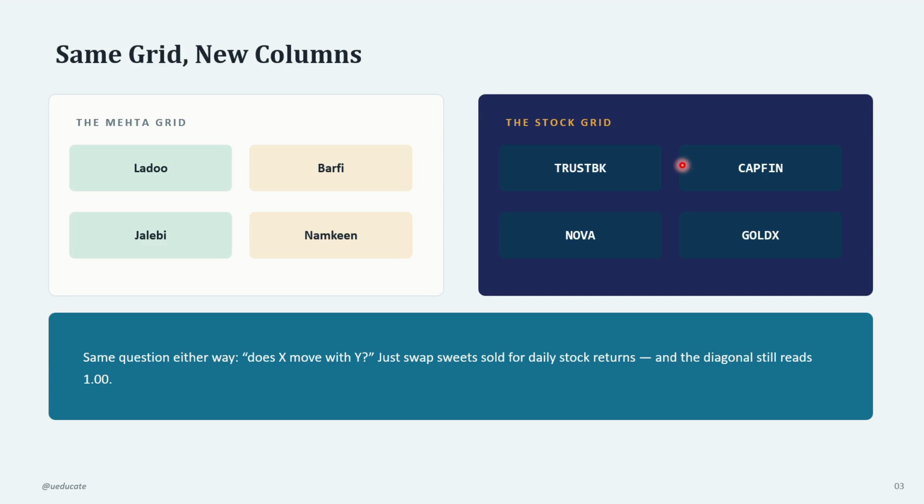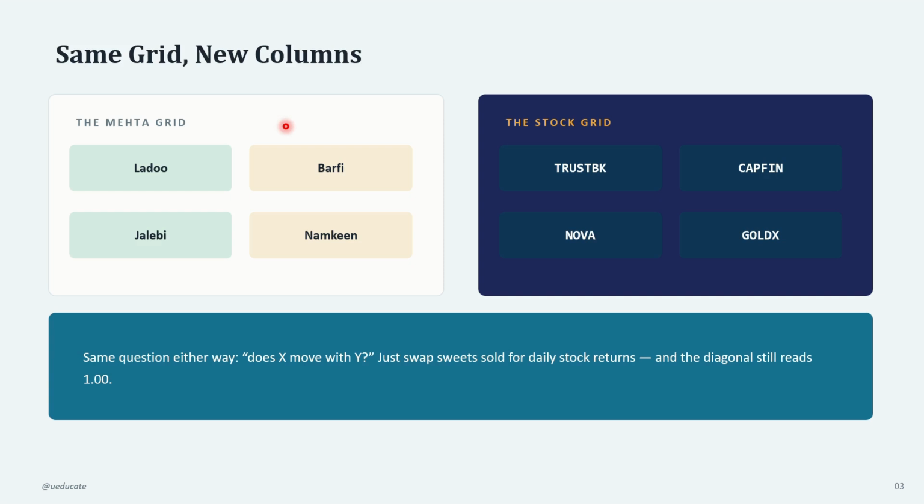We have four fictional stocks: Trust Bank, a banking stock, and Capfin, another banking and financial stock. Nova is a growth tech stock, and GoldX is a gold ETF. We take 10 data points of daily percentage returns for each, in the same layout as the Mehta grid: one column per stock and one row per day.